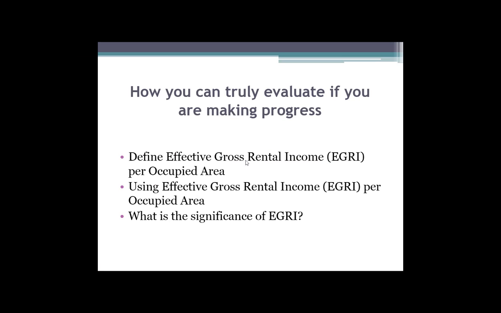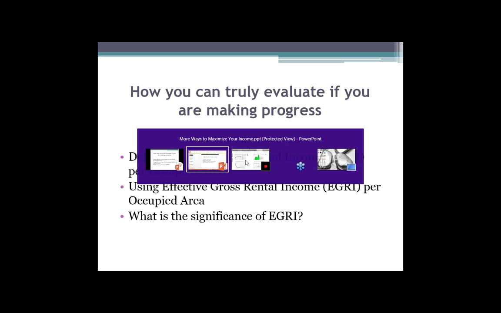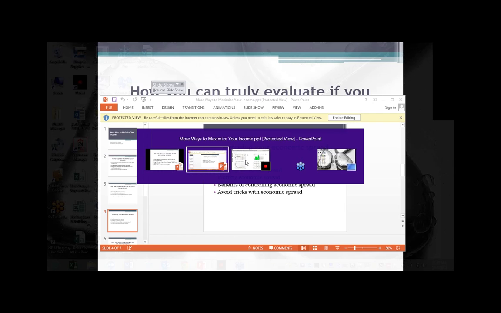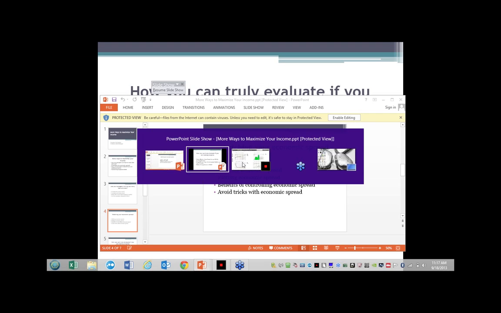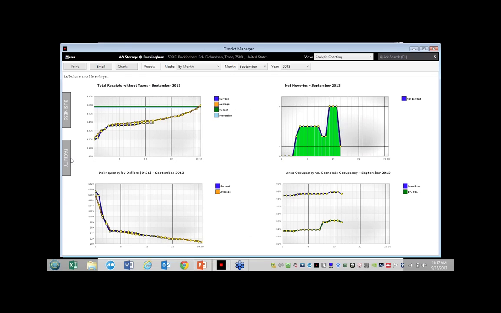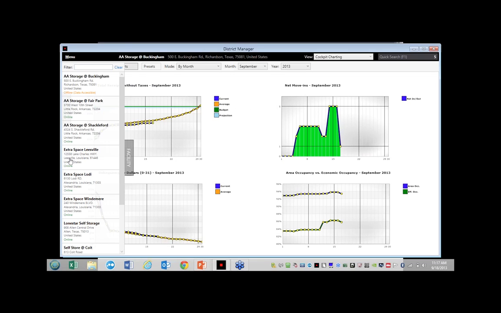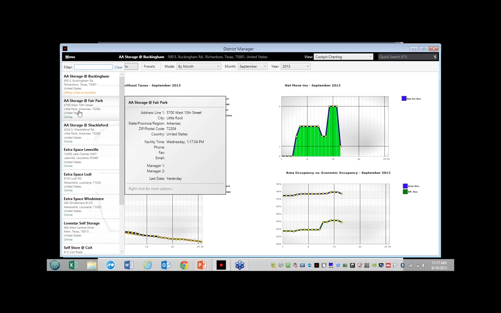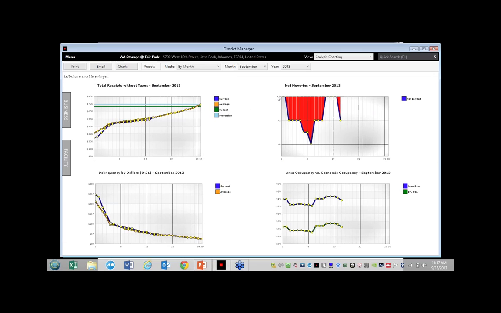So I want to go over to a different report now and show you. I'm going to go back to Fair Park. And we're going to do, well, I need to do a business report, excuse me, on facilities. So I can compare, show you the differences between various stores.